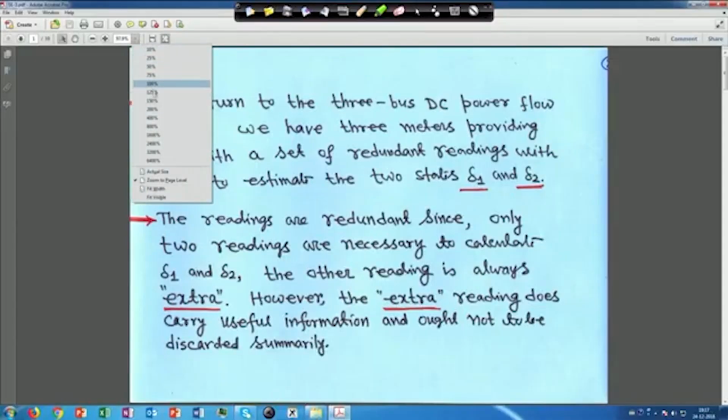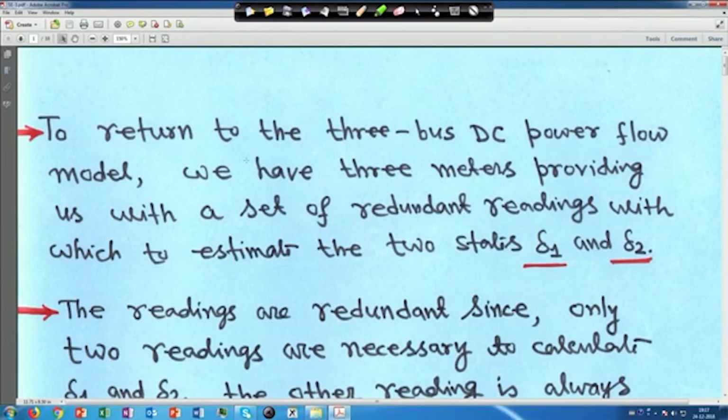Now, next we will go to this thing. If we return to the 3 bus DC power flow model, we have 3 meters providing us with a set of redundant readings with which to estimate the 2 states, that is delta 1 and delta 2.